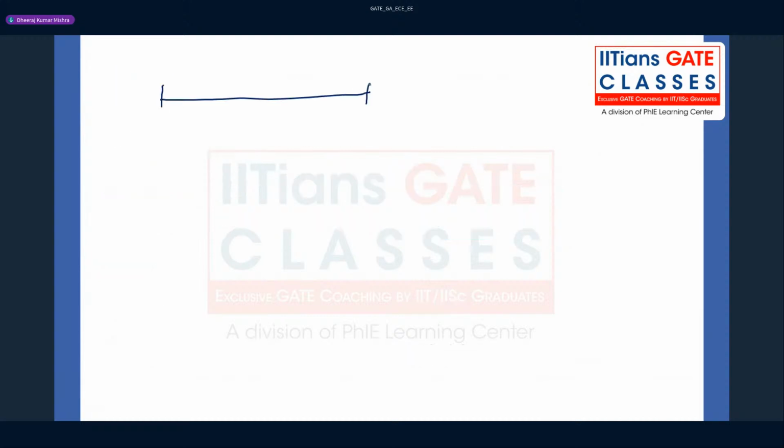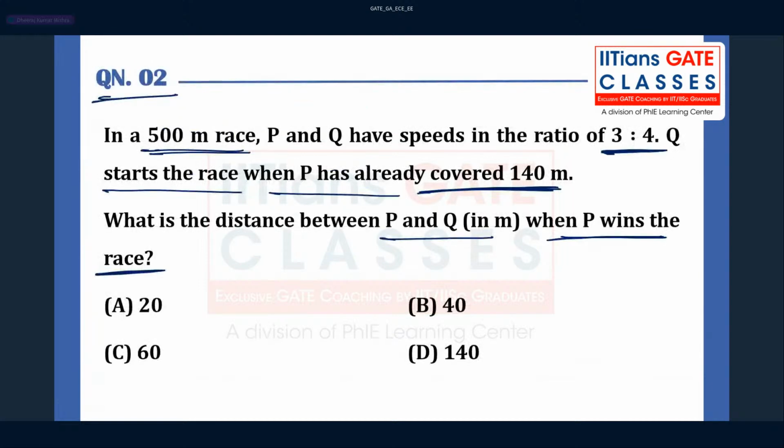Okay, so you can decide here. When Q starts the race, P has already reached about 140 meters. The total race is nothing but 500 meters, right? That you have to keep in mind. I hope this makes sense to all. They have given the speed here, guys.